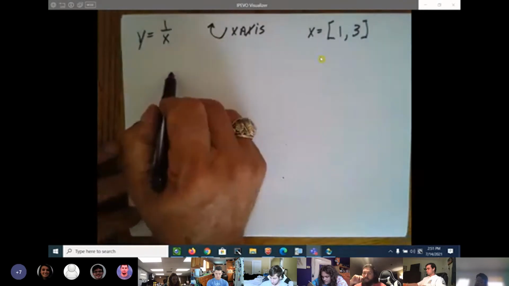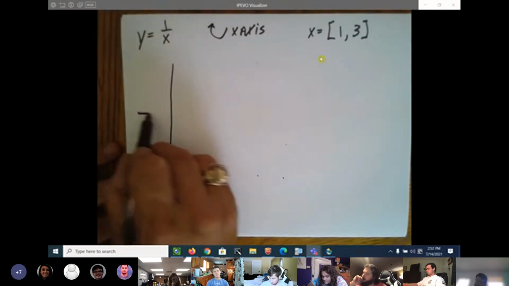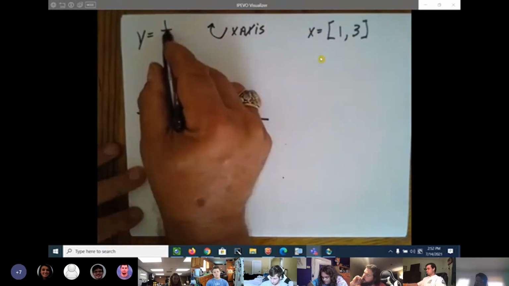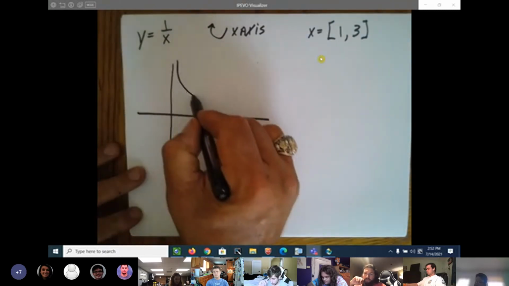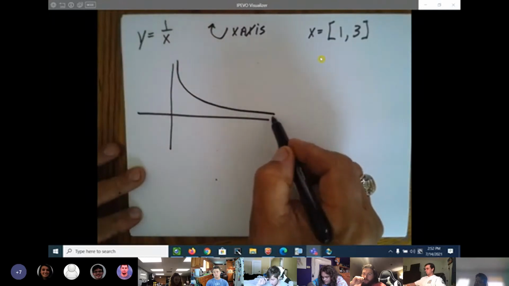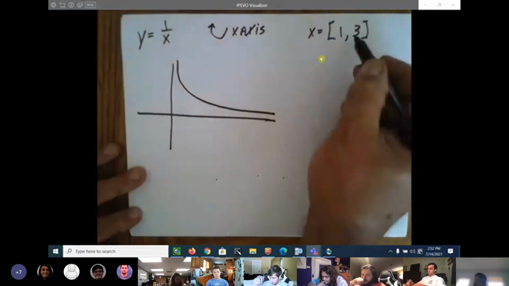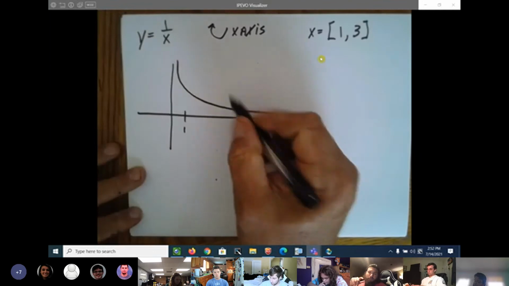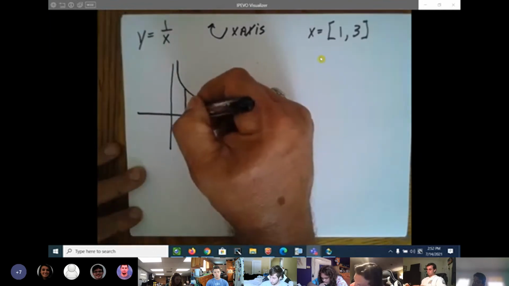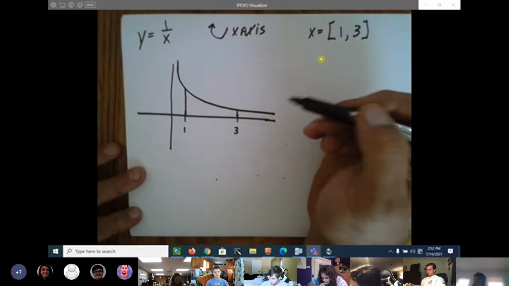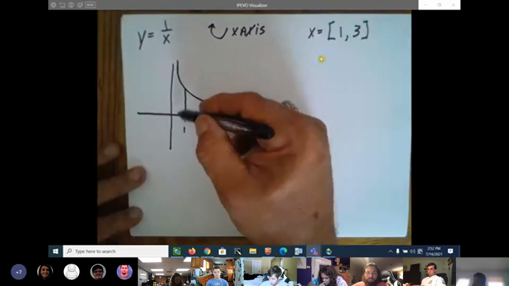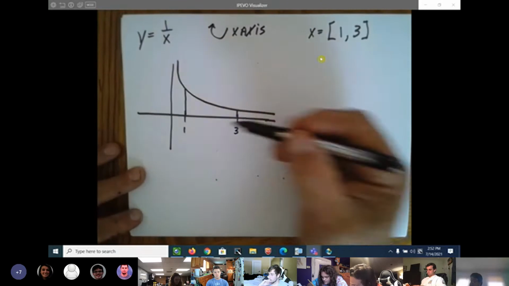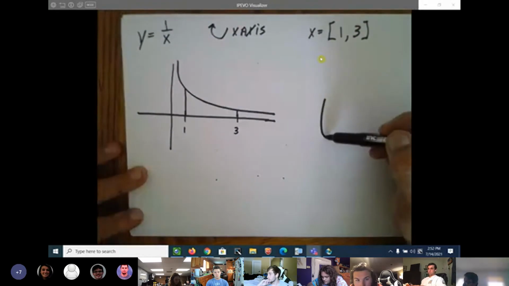So that looks like this. 1 over x looks like that. From 1 to 3 looks like that. And if we revolve it, it would look something like this.